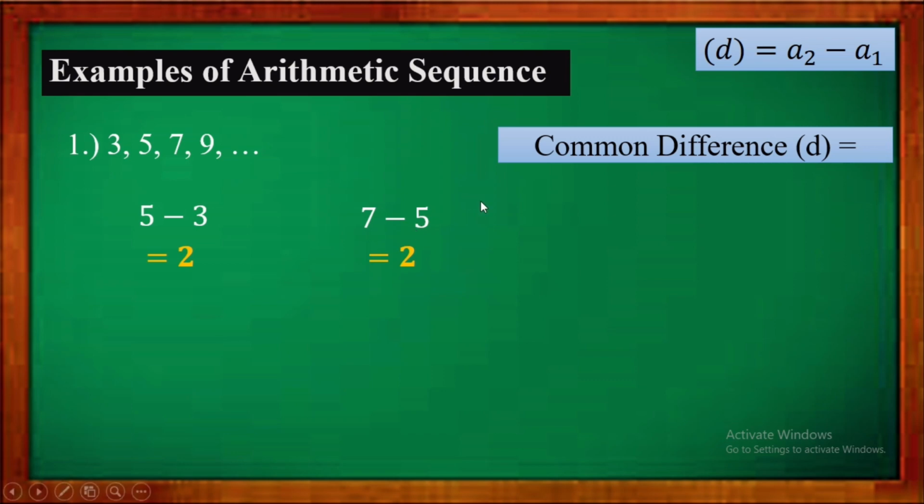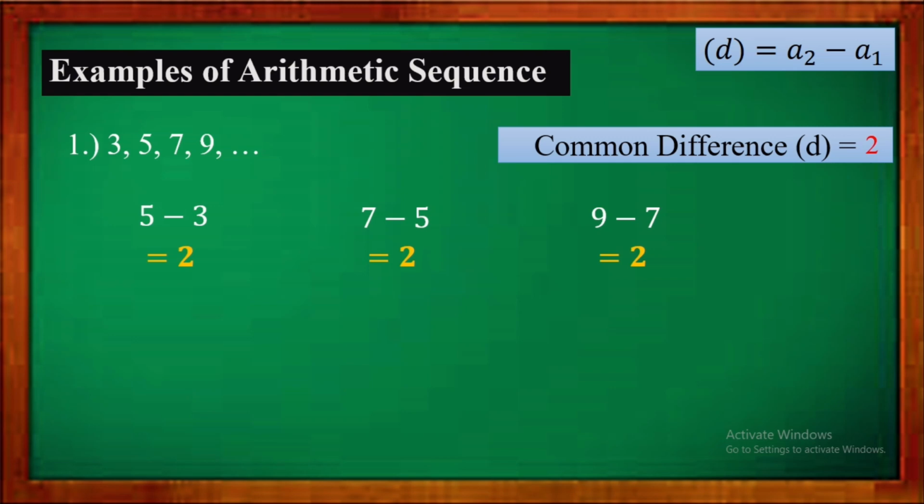The next consecutive terms, we have 9 as our fourth term minus the third term, which is 7, and their difference is 2. As you can see, the differences of all consecutive terms are the same: we have 2, 2, and also 2. Therefore, from these results, we prove that this is an example of arithmetic sequence since it has a common difference of 2.